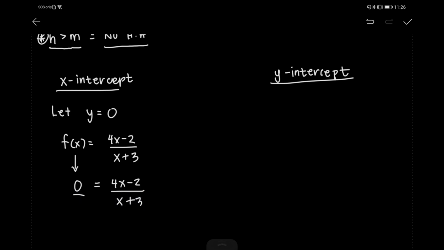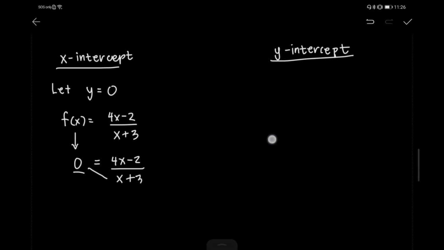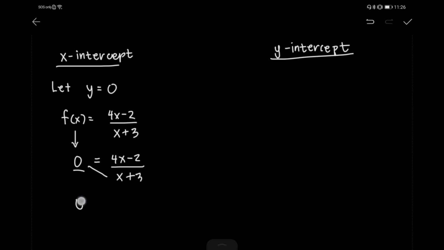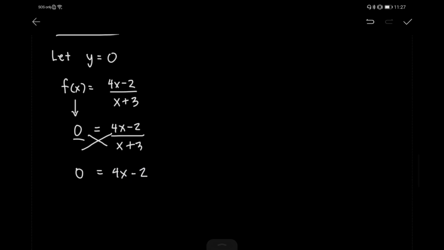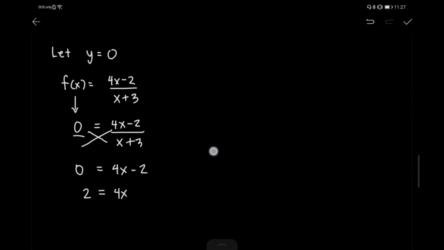Then cross multiply. 0 multiplied by x plus 3 is 0, because any number multiplied by 0 is equal to 0. Then 1 times 4x minus 2 is 4x minus 2. Solve for the value of your x. So we have here 4x, and the negative 2 moves to the other side as positive 2.